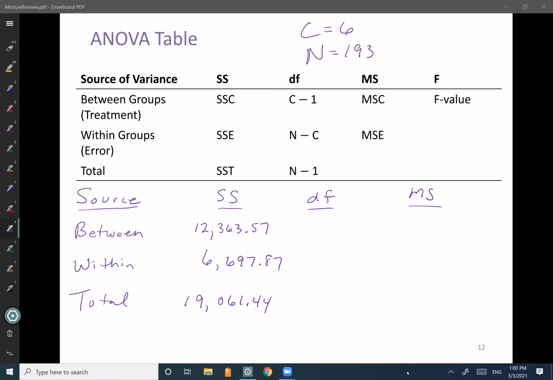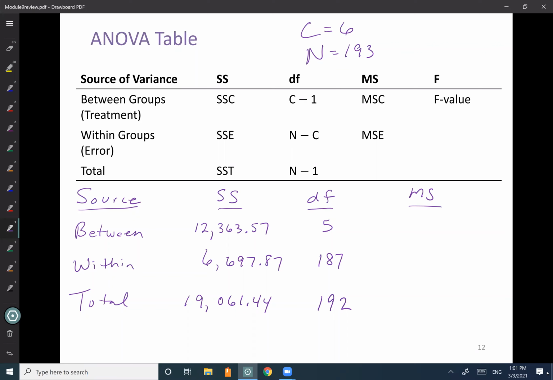So C, subtract 1, that'll be 6, subtract 1 will be 5. And then N, subtract C, 193, subtract 6 will be 187. And then N, subtract 1, we have 193 countries, subtract 1, that'll be 192. Again, the sum of the degrees of freedom for the between plus the within, so 5 plus 187 equals 192.